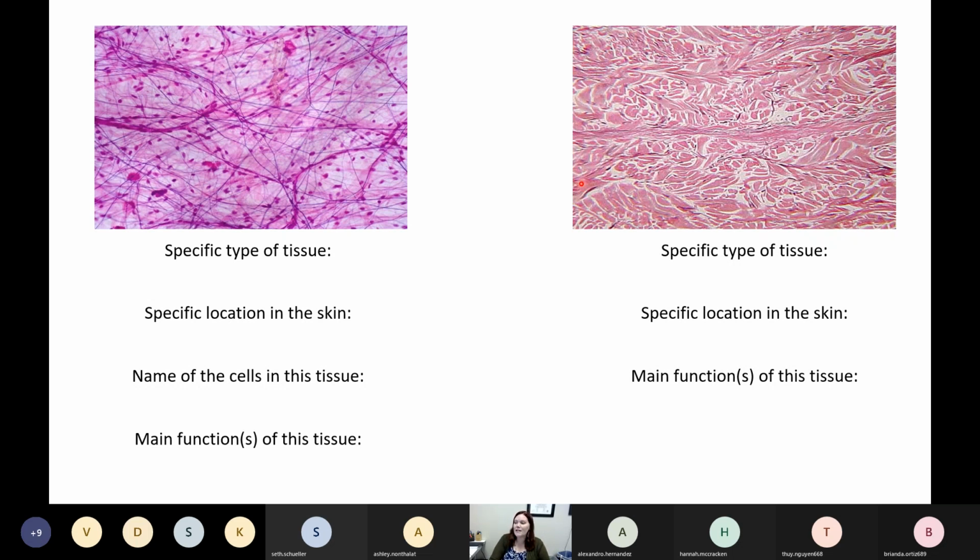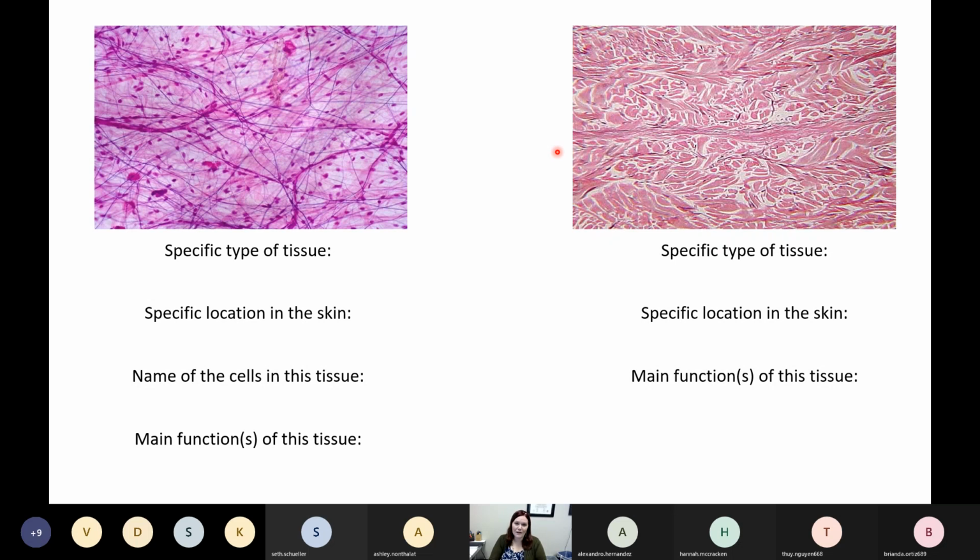Yep, so this is an example of dense, irregular connective tissue. Dense because everywhere that I look on this slide is pretty much covered with proteins. Irregular because some of these proteins are sticking out of the screen at you. Some of these proteins are going sideways. Some of them are in at an angle. It's a hot mess, so it's dense, irregular connective tissue.